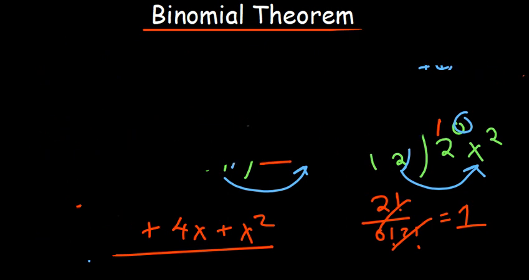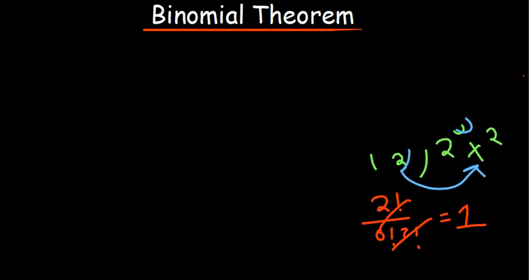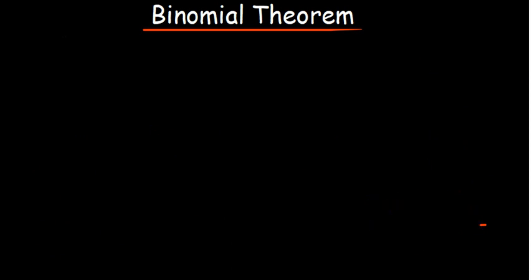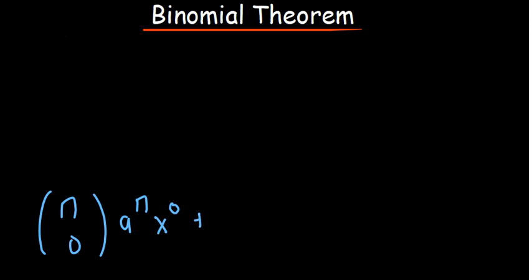Now there are three different things that I need to make mention of and explain so that we can simplify the binomial theorem, unlike the way we have it, because at the moment it appears as n choose 0, a to the power n minus 0, which is just n, and then x to the power 0, and then you have n choose 1, a to the power n minus 1, x to the power 1, and so on and so forth.